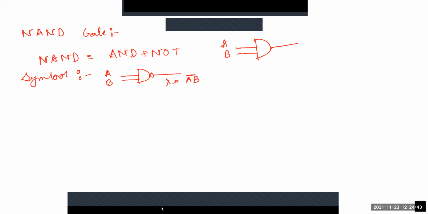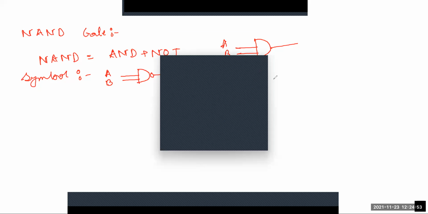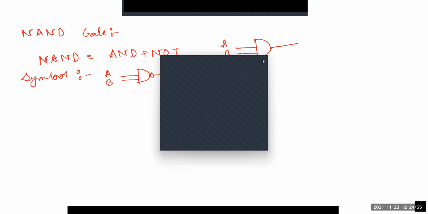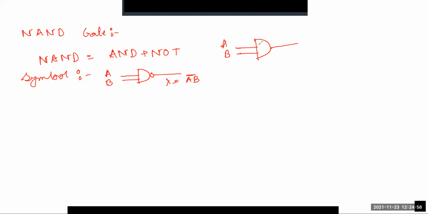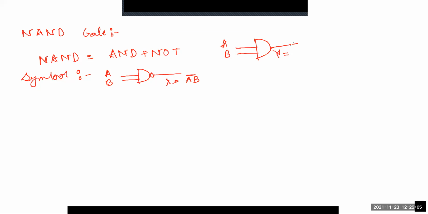Anuj? Yes, sir. What is the output of this AND gate? Y equals to what? Multiplication, that is AB. Yes, AB. So after that, this AND gate is followed by the NOT gate.